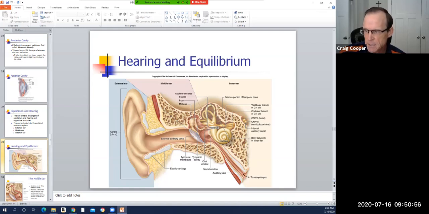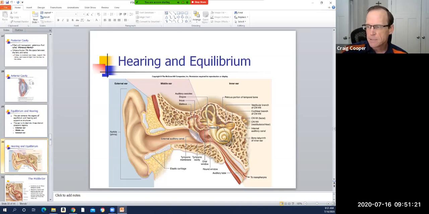Sound waves coming into the ear are going to hit that eardrum. The eardrum is going to oscillate and move depending on how loud, how forceful that is. And then that motion gets transmitted from these bones that essentially have joints between them. So if I move the malleus, then the incus has to move. If I move the incus, then the stapes has to move.